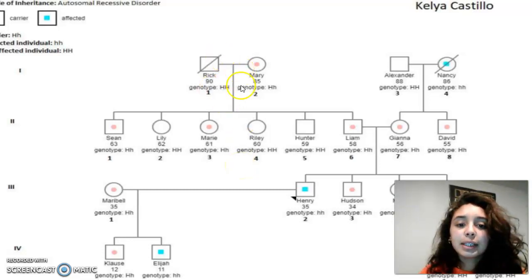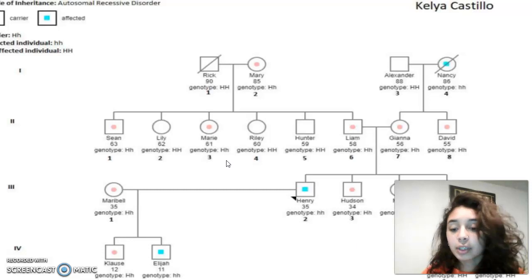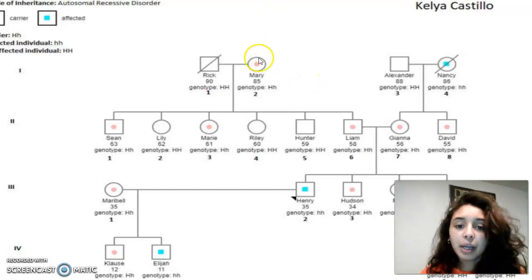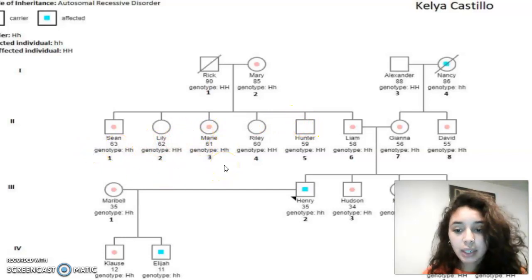But you have here one example, Rick and Mary. Rick is uppercase H, uppercase H, so I know that he is neither afflicted nor a carrier. And then Mary is a carrier, her genotype is uppercase H, lowercase h, and you can see their resulting offspring are either carriers or are unaffected and are not carriers.